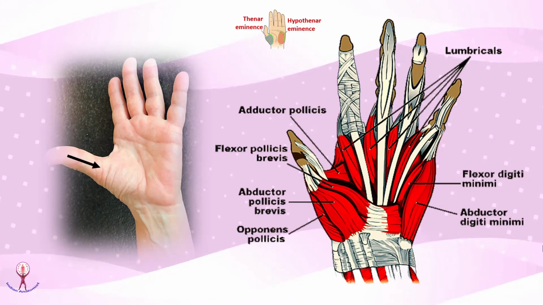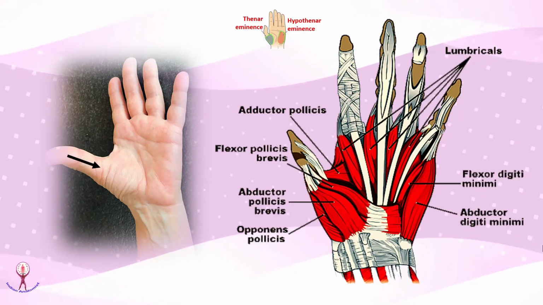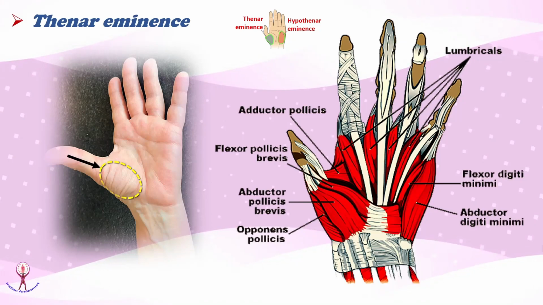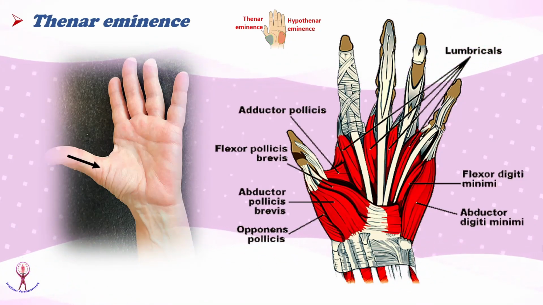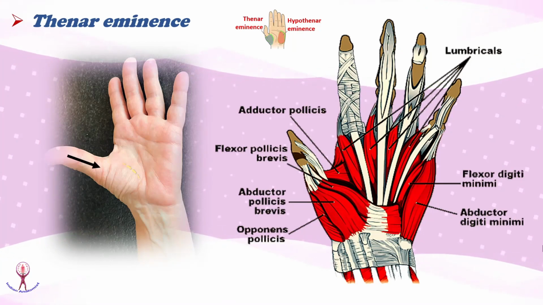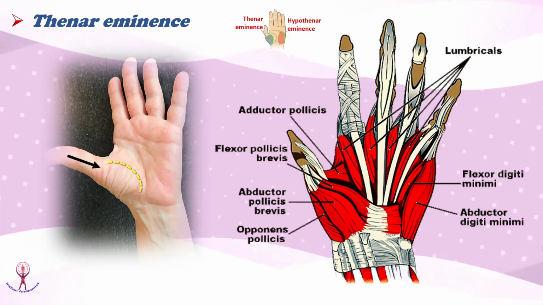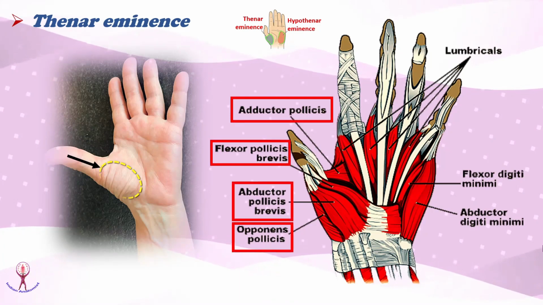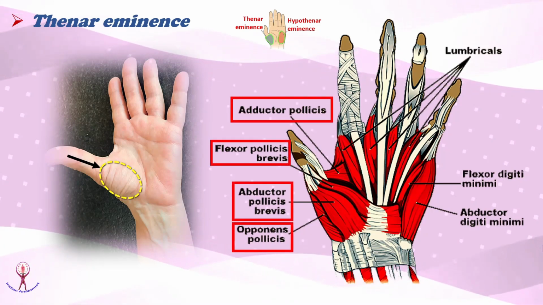Next is the Thenar Eminence. The Thenar Eminence is the elevated area, or surface bulge, that forms at the base of the thumb, on the palmar surface of the lateral hand. This bulge houses the underlying 4 intrinsic muscles that are responsible for the movements of the thumb.